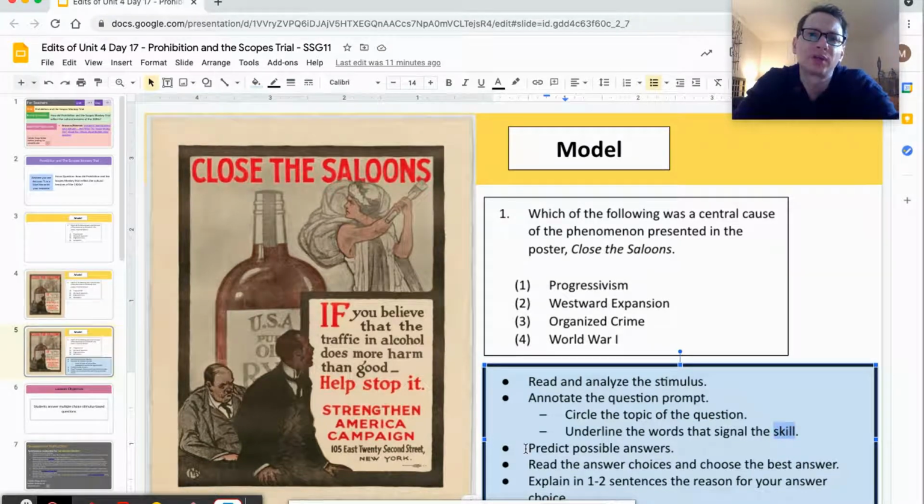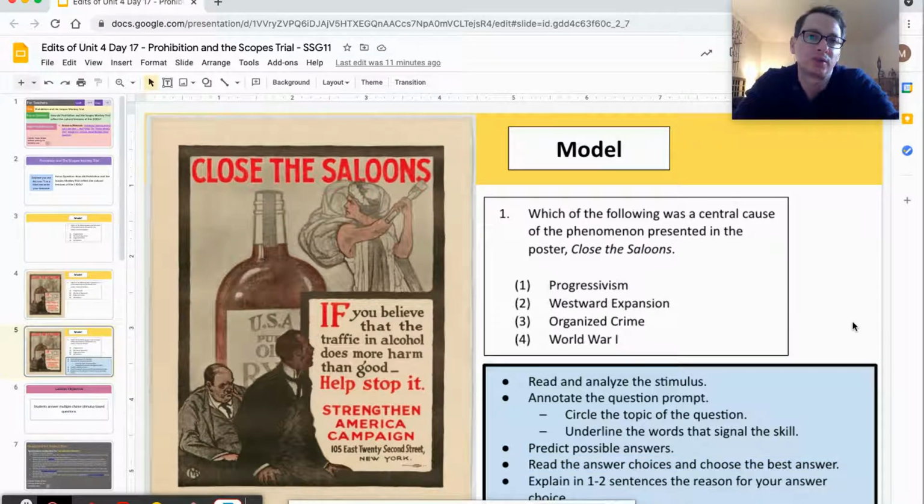And before you even look at the 4 possible multiple choice responses, try to predict in your mind what you think the correct answer would be. Then take a look at the possible answers and choose the best one. And sometimes it does pay to try an elimination strategy to really narrow it down. Then you should be in a really good position to select the correct one.